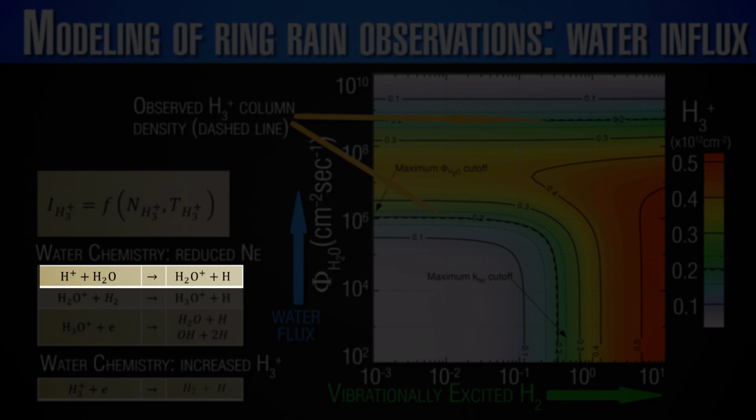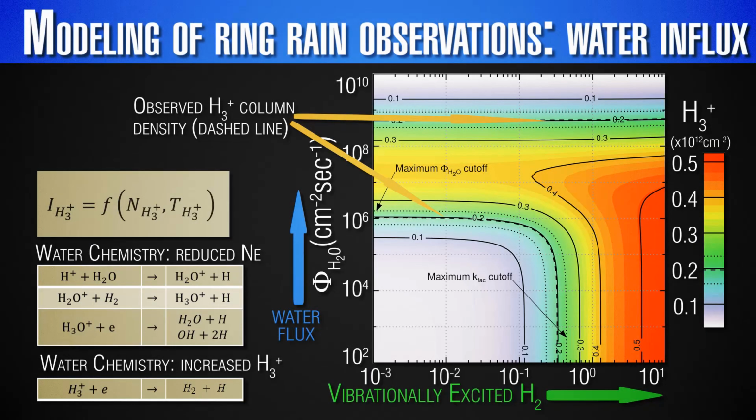And H+ plus H2O gives you a water ion that then recombines with electrons much more rapidly than H+ itself does. So essentially, what that means is if you introduce water or water products into the atmosphere of Saturn, you end up reducing the ionospheric electron density, the ion density and the electron density, okay? If you reduce the electron density, that's a major loss process for H3+.